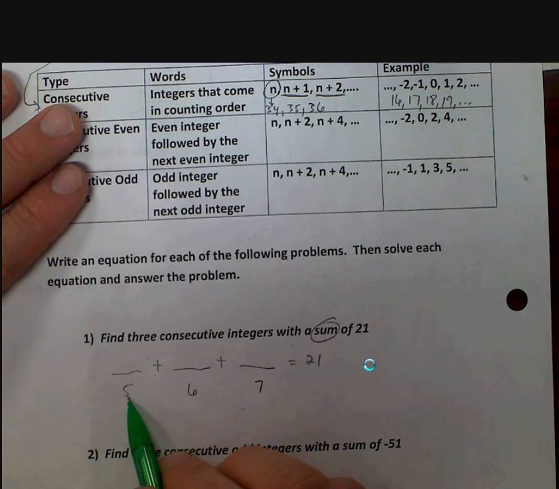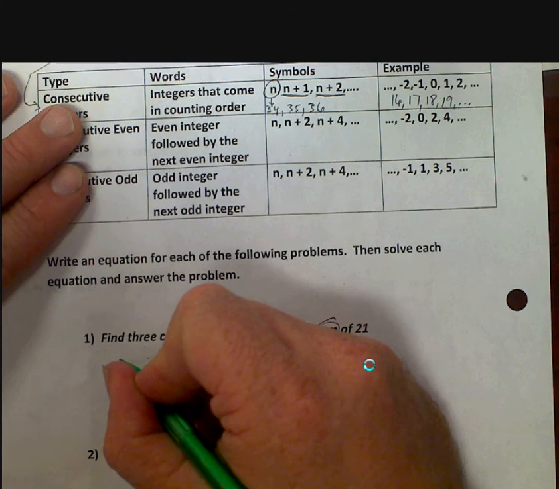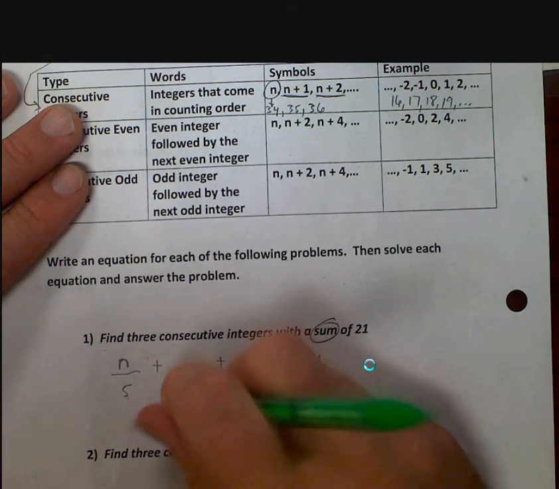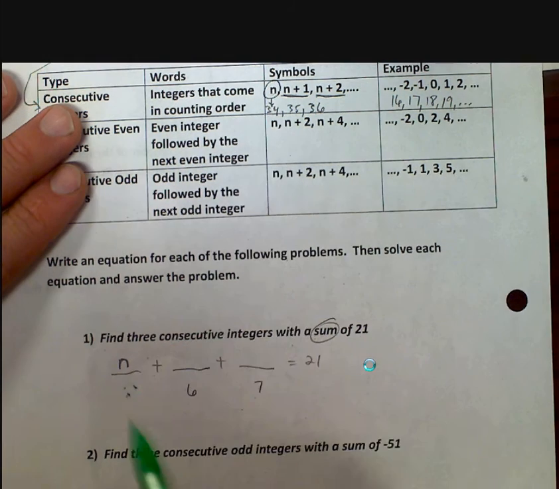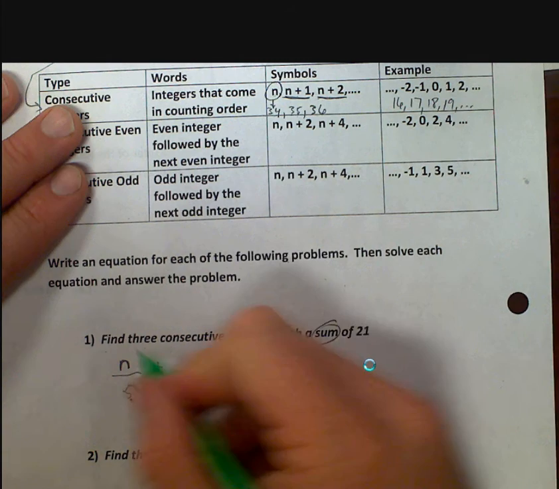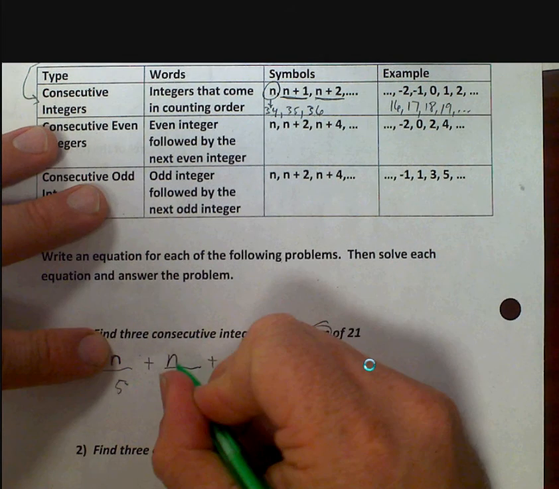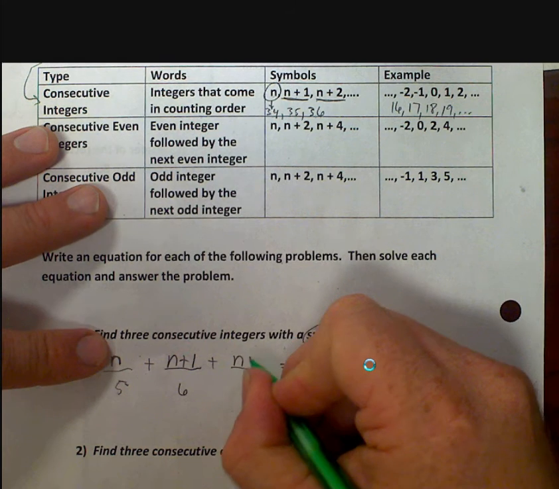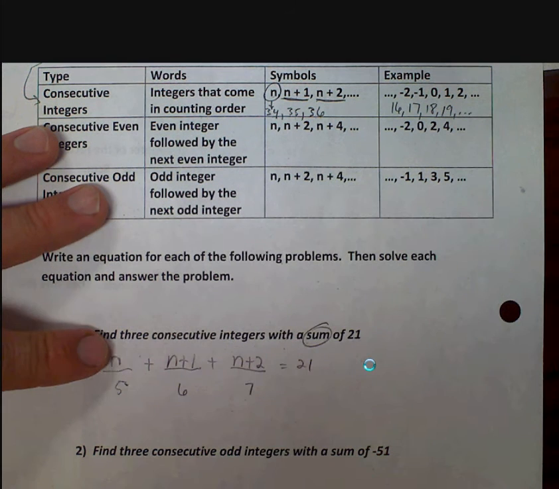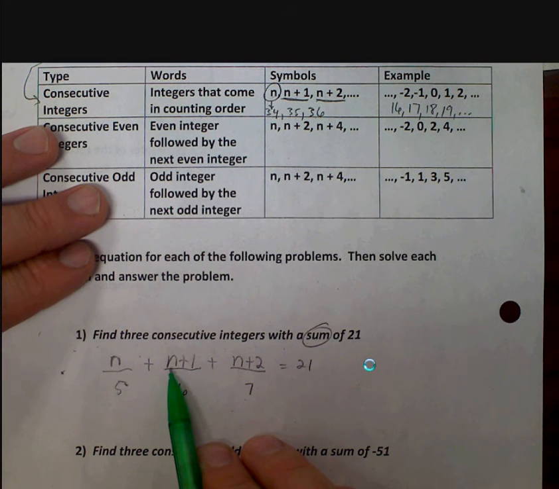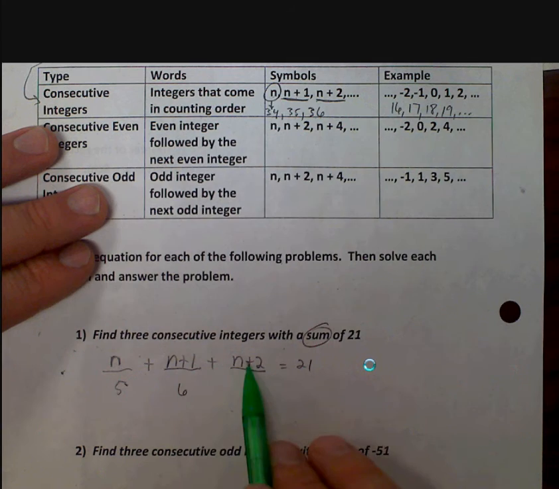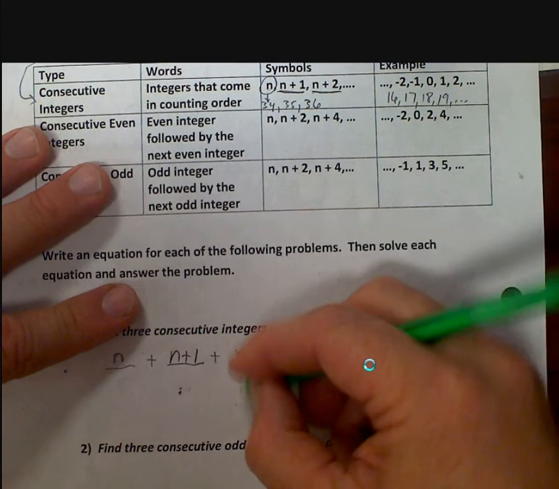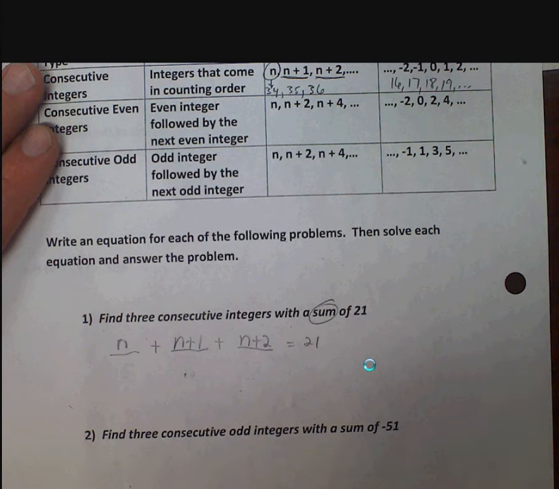Well, I don't know what my first number is, so my first number will always be n. If I don't know that it's 5, I do know to get from 5 to 6, I have to take n plus 1. Then I have to take n plus 2. 5 plus 1 would be 6, 5 plus 2 would be 7. But I don't know what my numbers are.